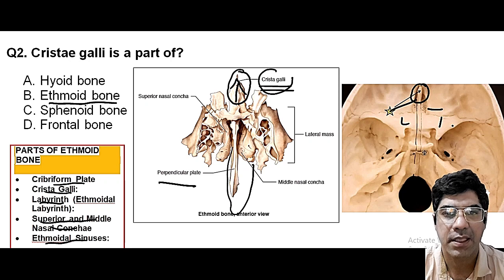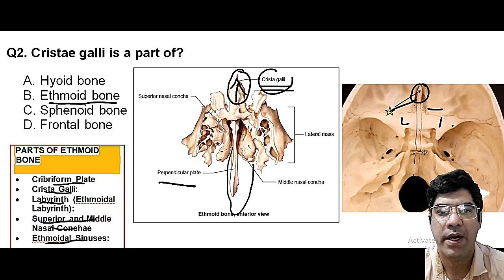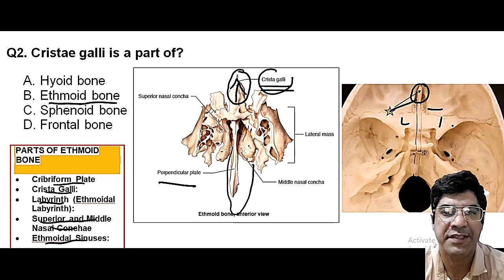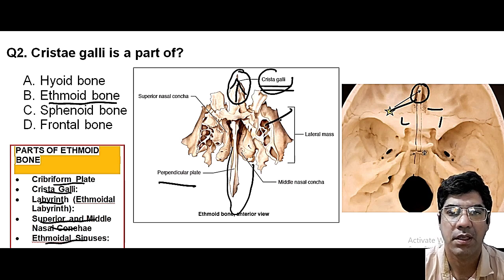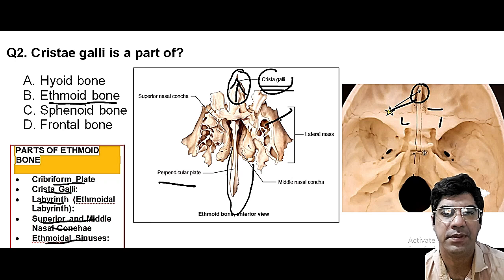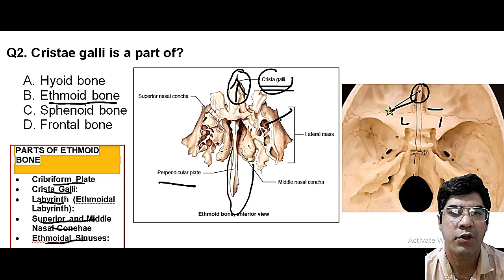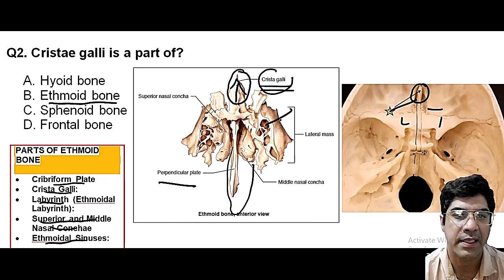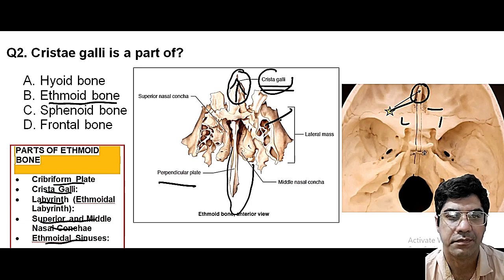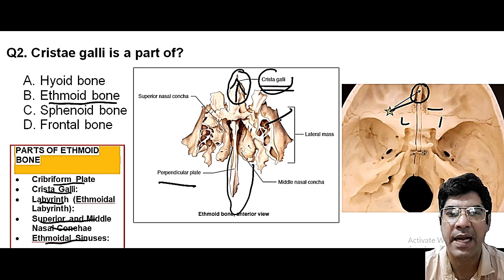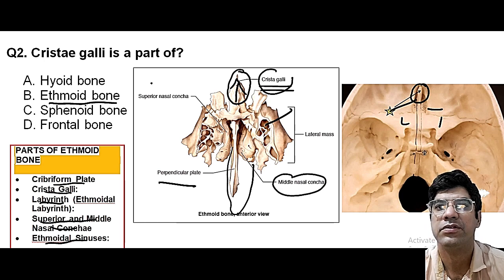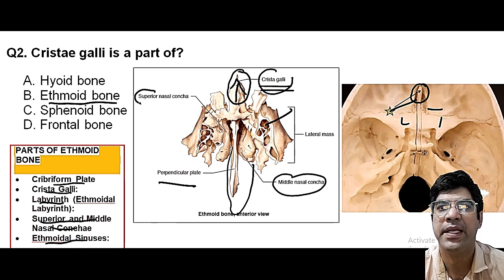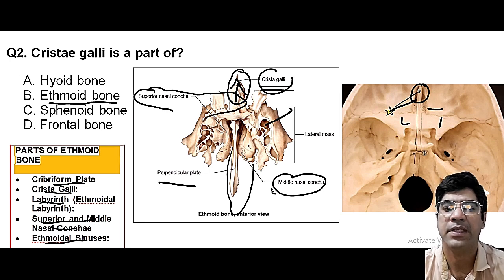Other is the labyrinth. The ethmoid bone looks a bit like a sponge with a lot of tiny pockets. These pockets help to make the air you breathe in your nose warm and clean. Other are the superior and middle nasal conchae. This one is the superior nasal concha and the middle nasal concha.